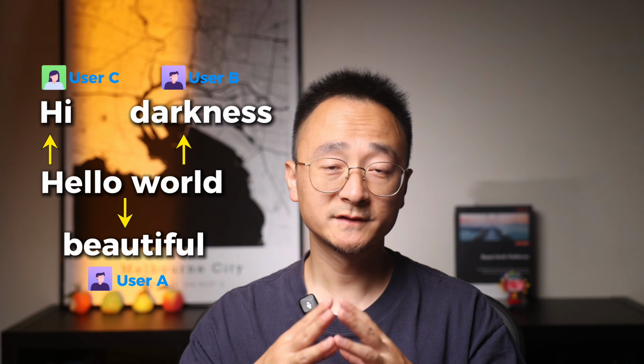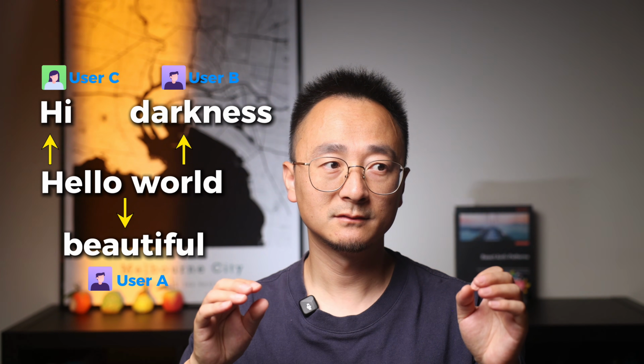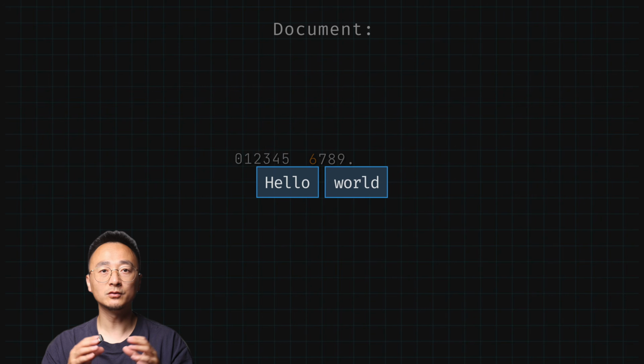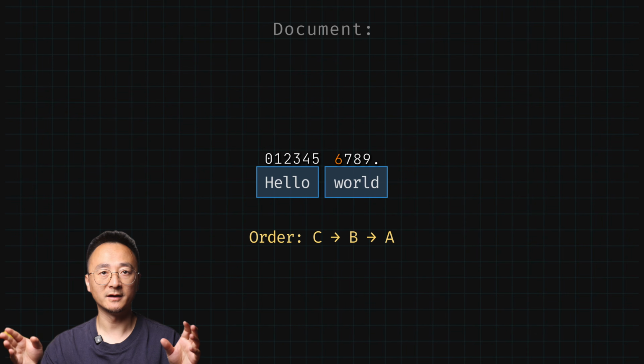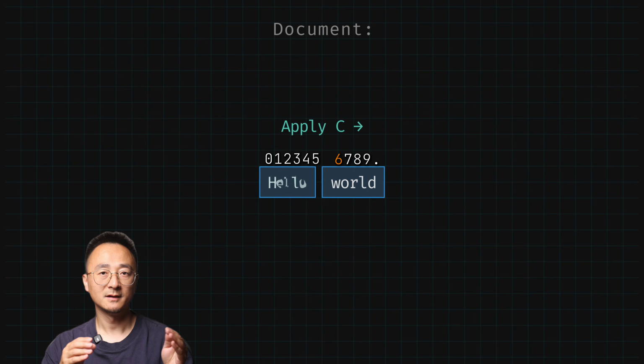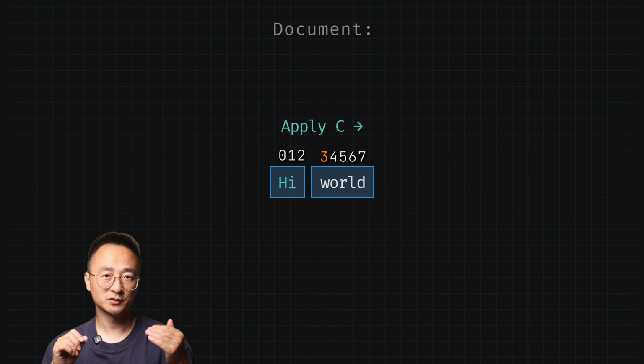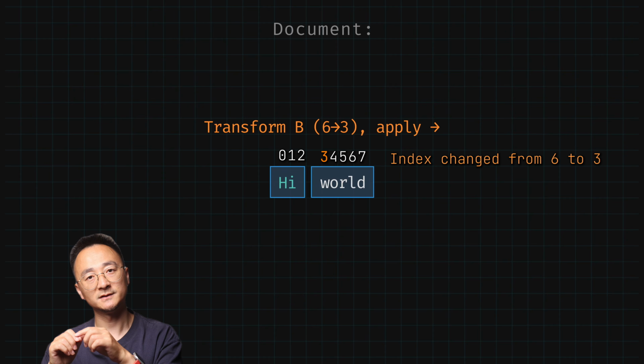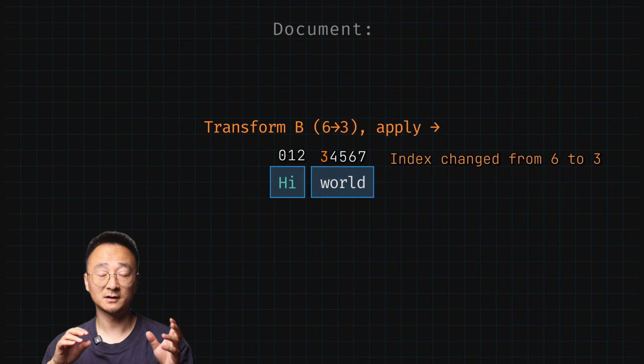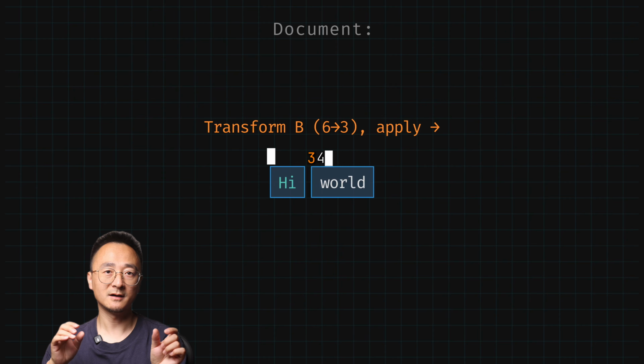With operational transformation, we impose a total order. Let's say the order here is C, B, and A. We firstly apply C. That will produce "hi world". Then B's operation is transformed relative to C's change, so that it's still targeting the correct position, giving us "hi darkness".